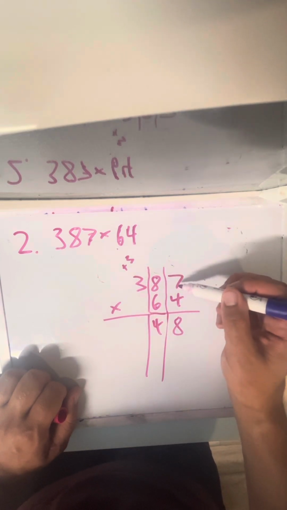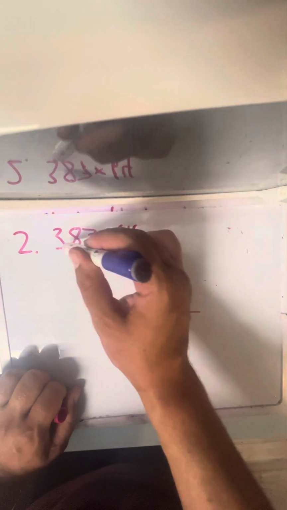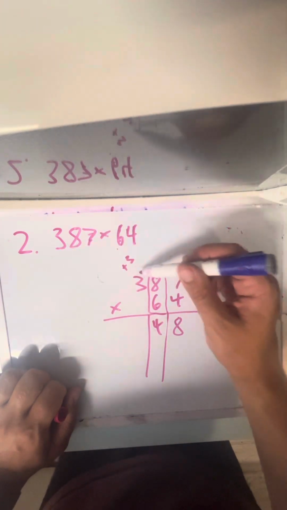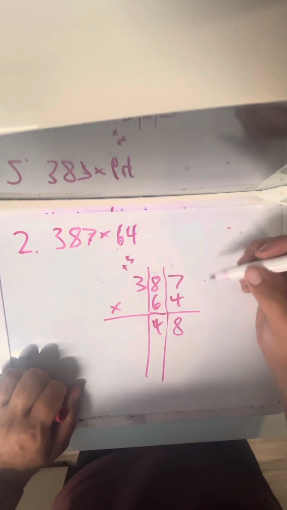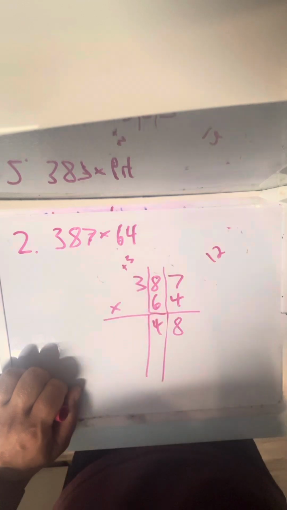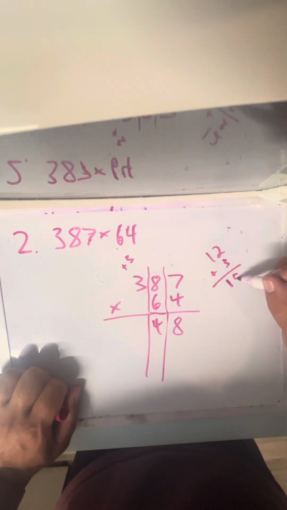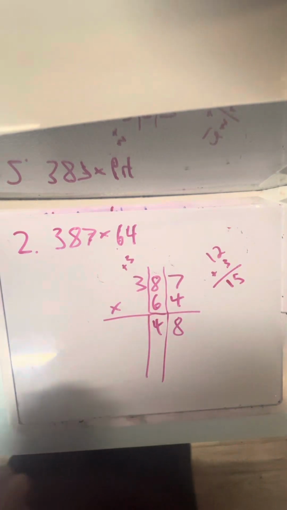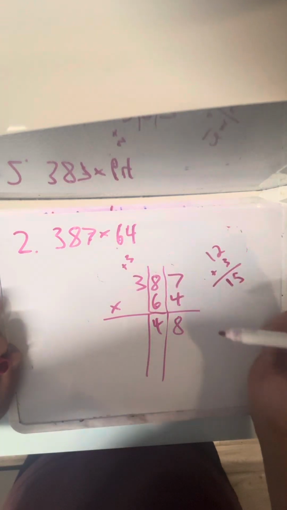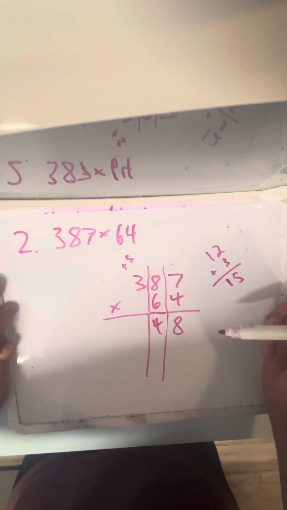So we did 4 times 7, 4 times 80. Now we need to do 4 times 300. But we're really just doing 4 times 3, which we know is 12. But like I just said, we have this extra 3, so we add 3 to the 12, which is 15. If we were really doing 4 times 300, it would be 1,200.